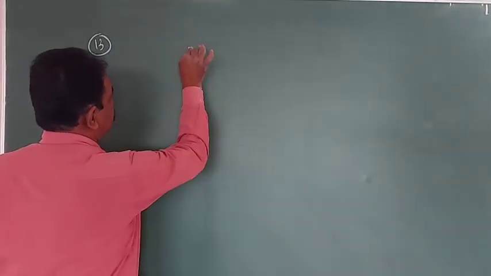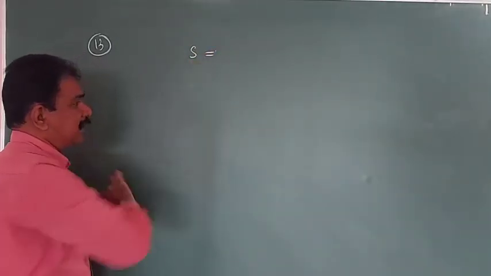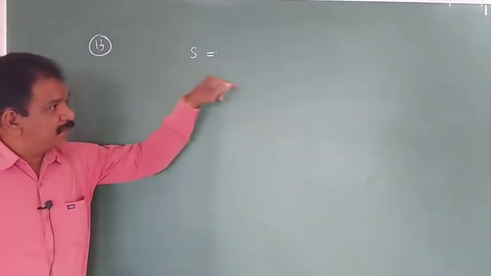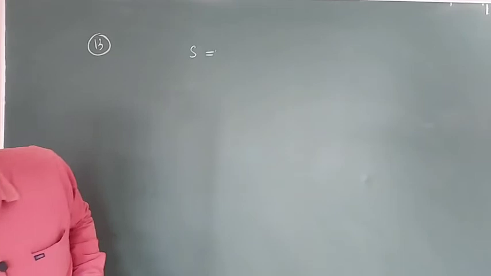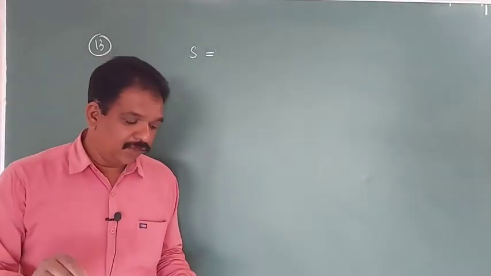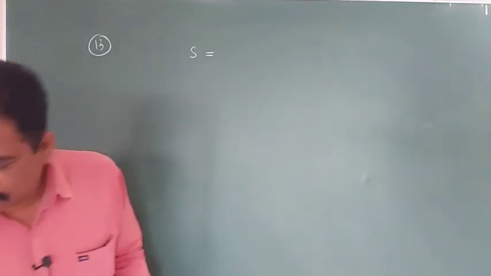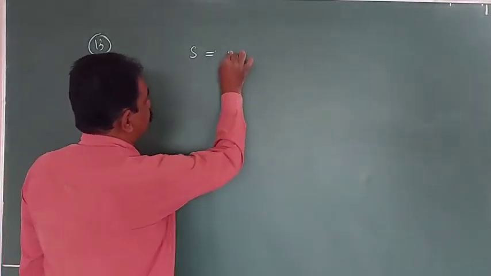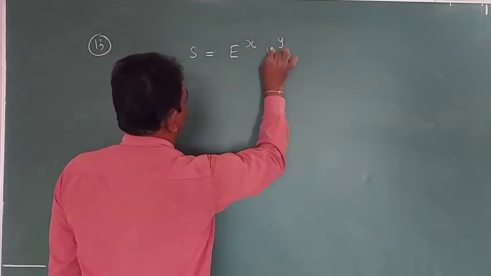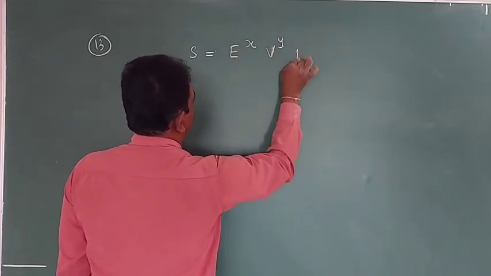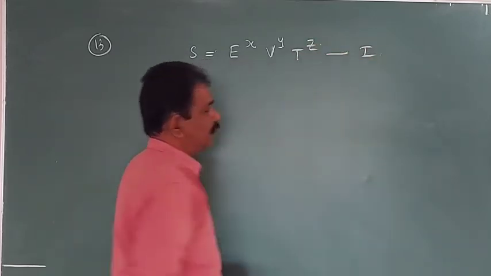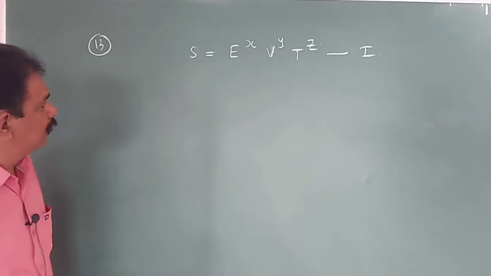So surface tension I am considering it as S. What they are asking, express surface tension in terms of energy, velocity and time. So energy, velocity and time. Okay, let it be equation 1.